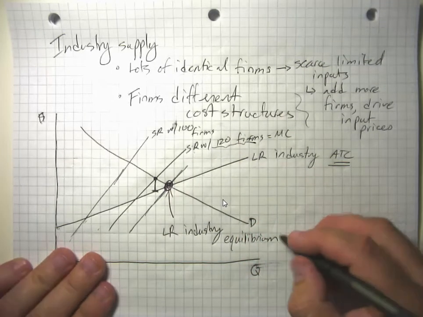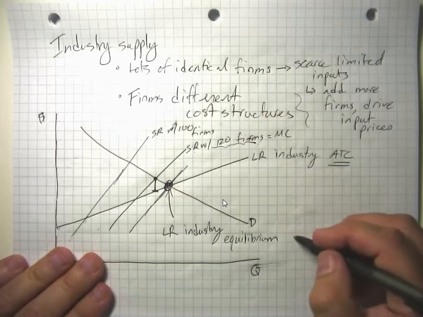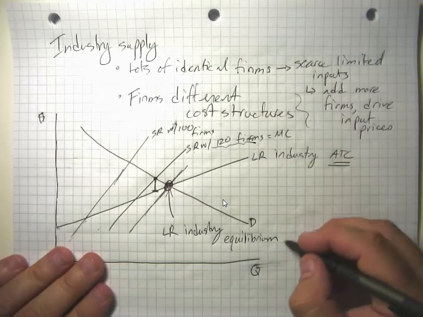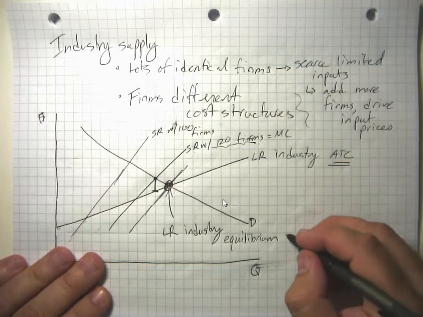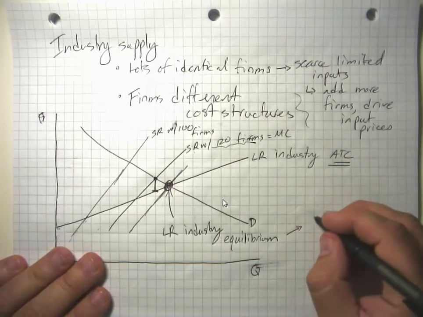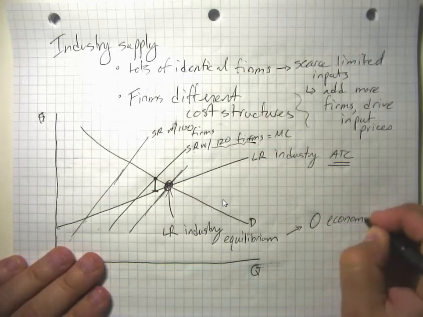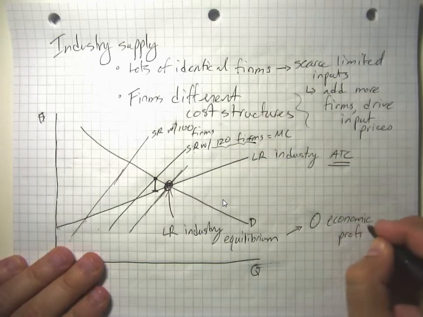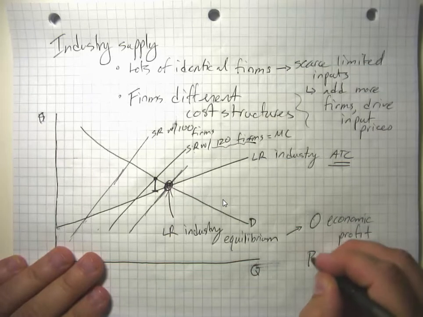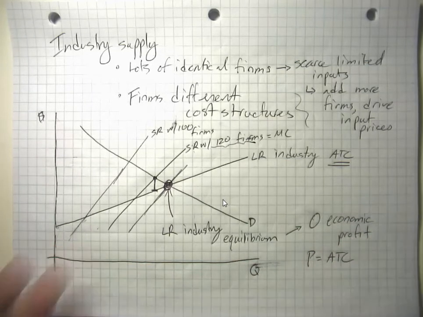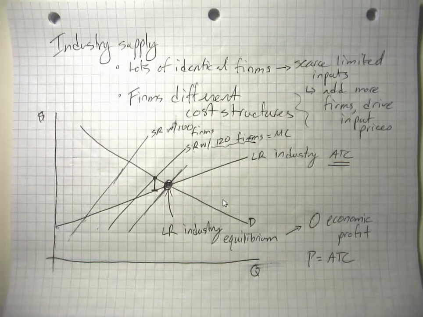And notice, in both this case and in the constant cost with lots of identical firms, our long-run equilibrium features zero economic profit for the firms, because in all of these cases, price equals average total cost.